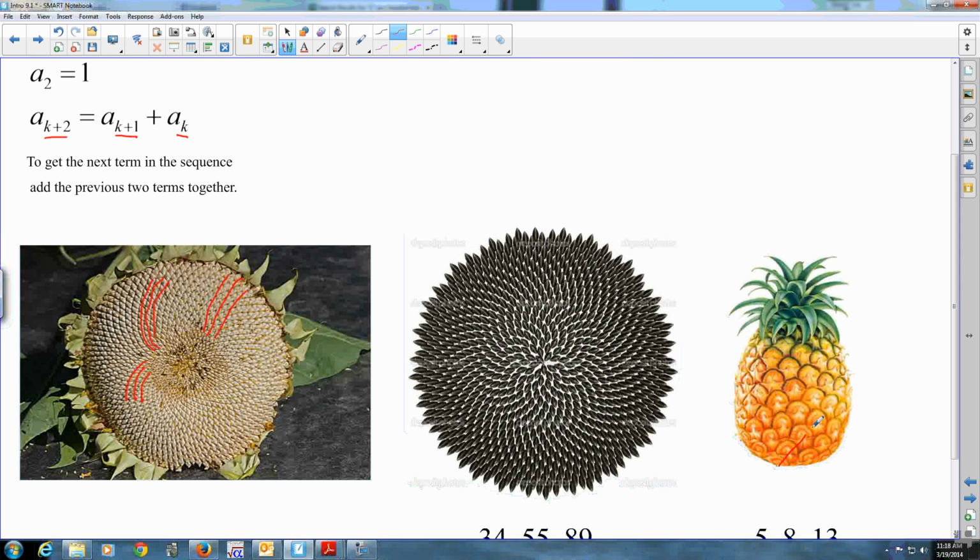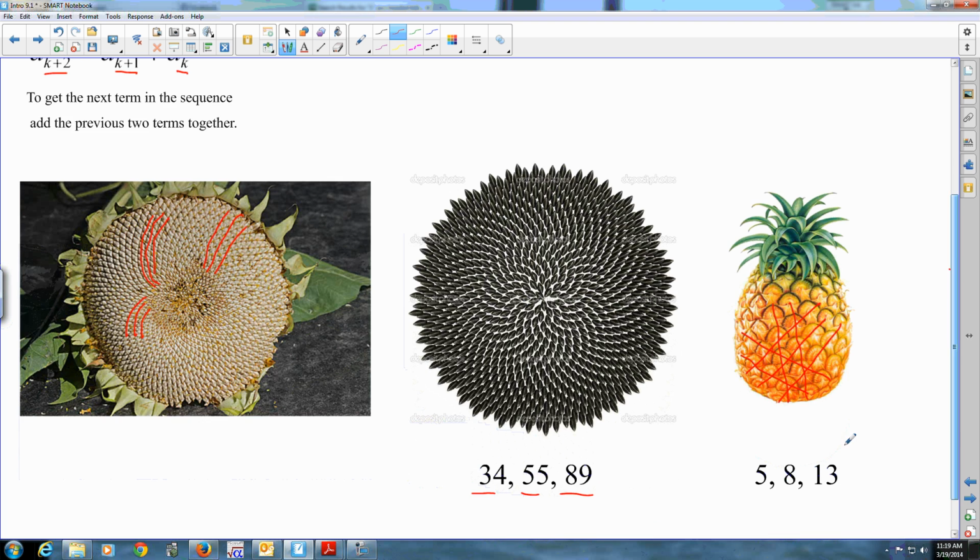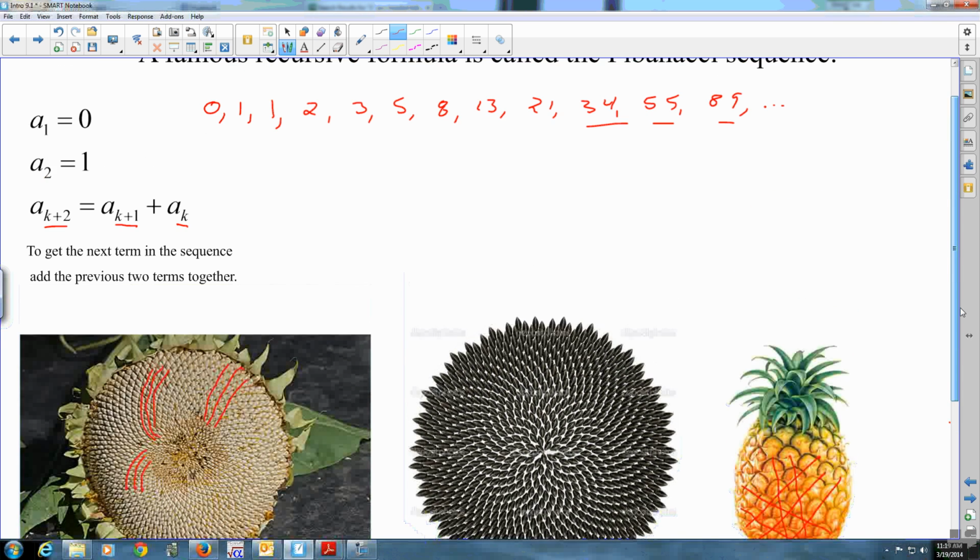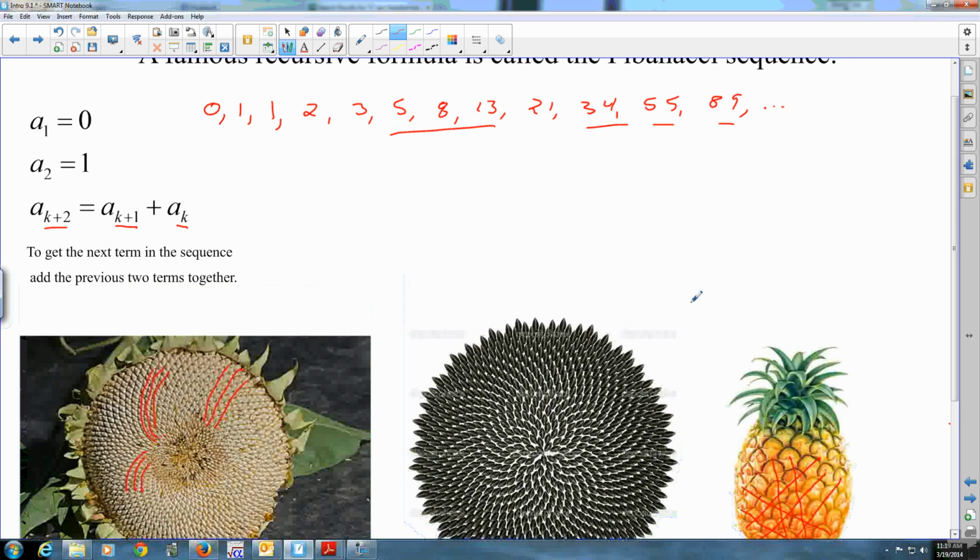Pineapples. You get spirals that go this way, spirals that go that way, and these really steep ones. If you count the number of spirals, you come up with 5, 8, 13, which again is back to the Fibonacci sequence. All right, amaze and astound you by showing you that.